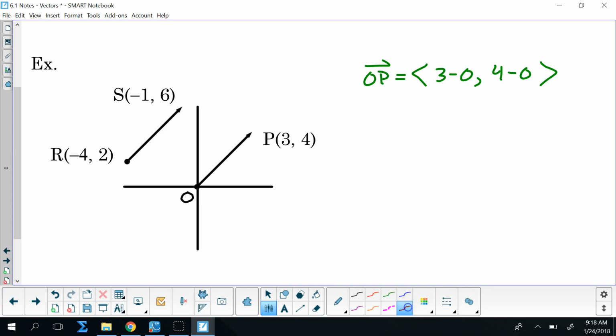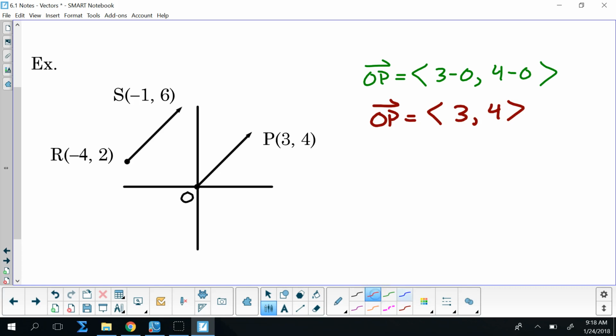So vector OP is the vector 3, 4. Now, you're going to say, well, Linz, vector RS, isn't that the origin? Does that matter? Nope, doesn't matter. Okay?